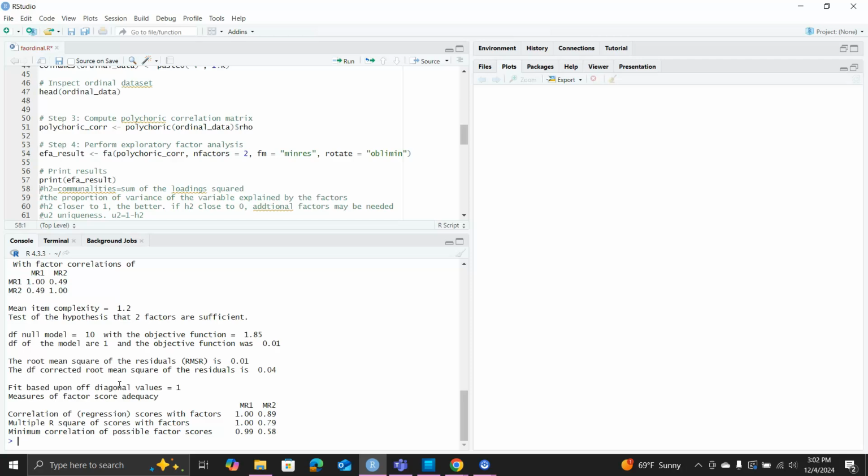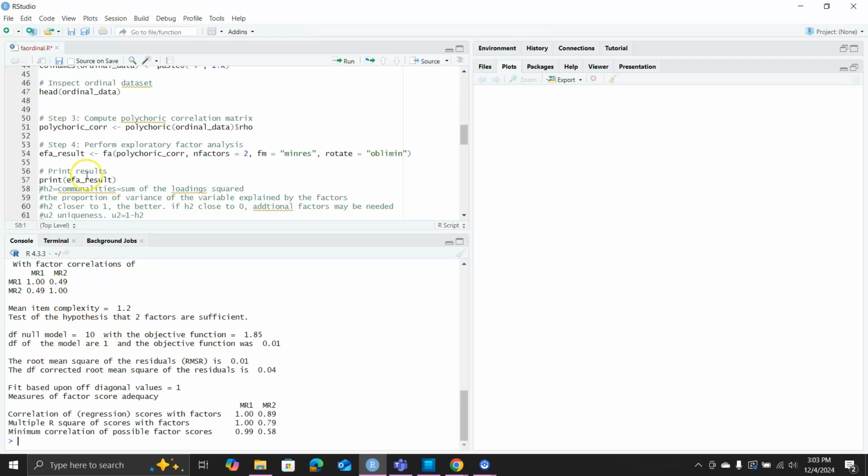The degree of freedom corrected root mean square of the residual is 0.04, so the RMSR adjusted for the model complexity is still less than 0.05, so it's acceptable. And then you have several other measures of factor score adequacy and so on here.